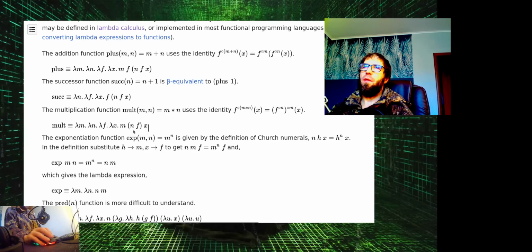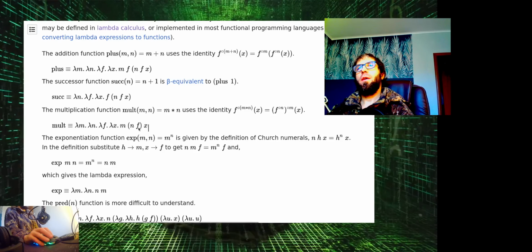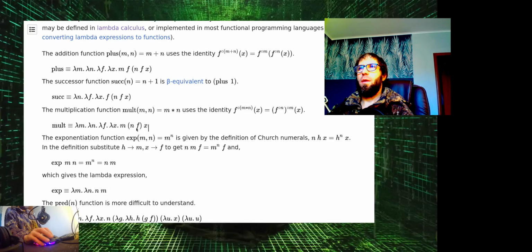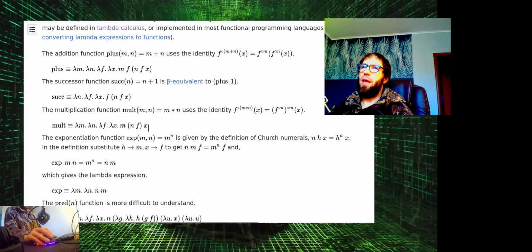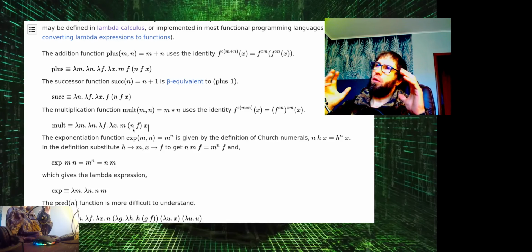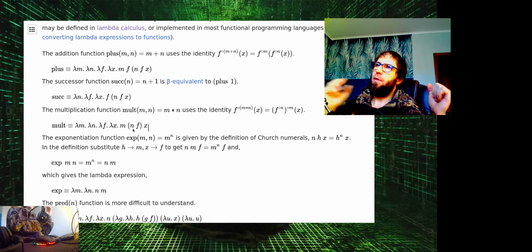This transforms it into n times f, represented as a lambda function which takes just x and applies f to it. Then you put this into m, and m does a kind of cloning of the n groups, m times.